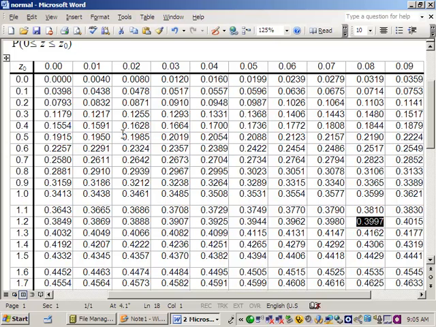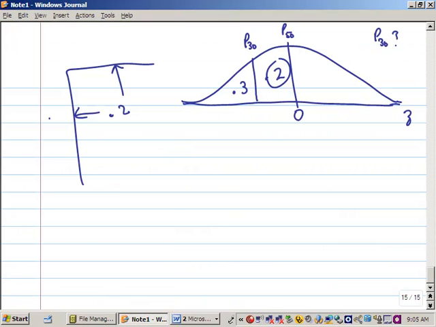Alright, 0.2. Well, sort of a toss-up, but this is the exact closest. 0.1985 is 0.0015 away. The other probability, 0.2019, is just a little bit further away. So anyway, we're going to use this one, 0.52.